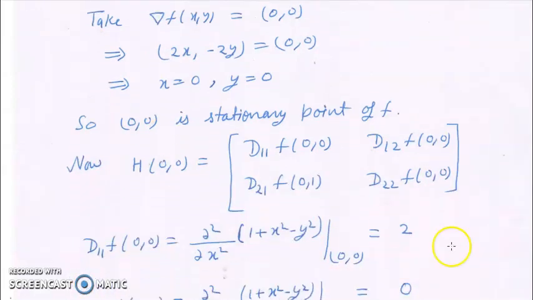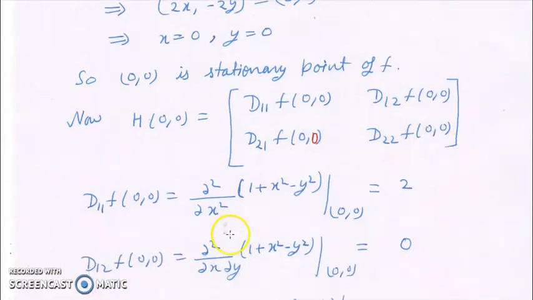Now we will determine the Hessian matrix of f at the point 0 0. So H 0 0 is d11 f 0 0, d12 f 0 0, d21 f 0 0, d22 f 0 0. By definition, d11 f 0 0 is del 2 by del x square of 1 plus x square minus y square at 0 0, which turns out to be 2.